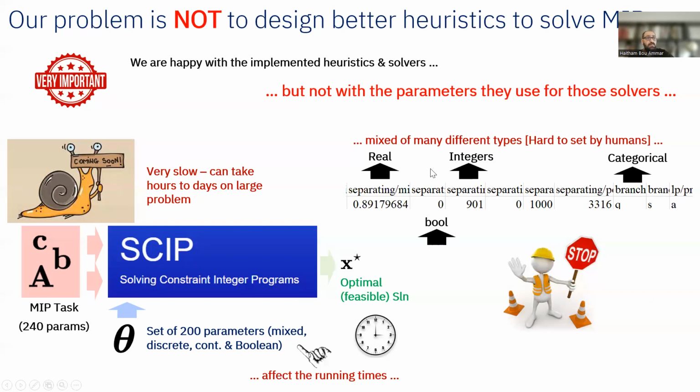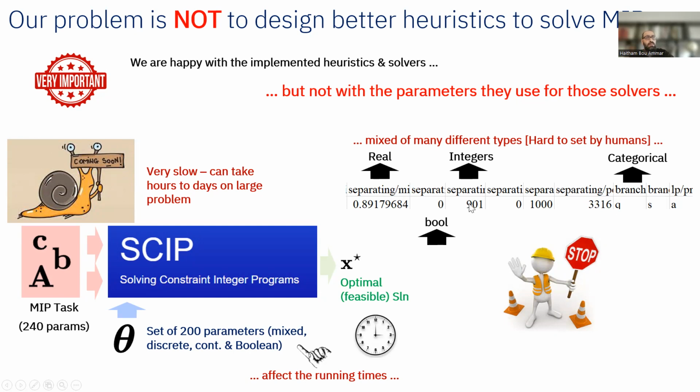Here's an example of this value theta. What you see is there are different types of these parameters theta. For example, there's a separating parameter, which is a real number. There's a Boolean variable, like this other separation parameter.